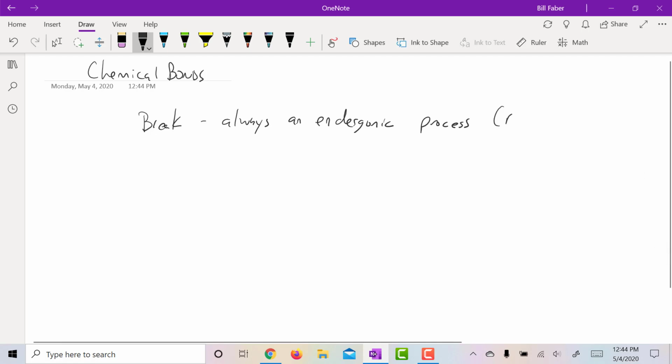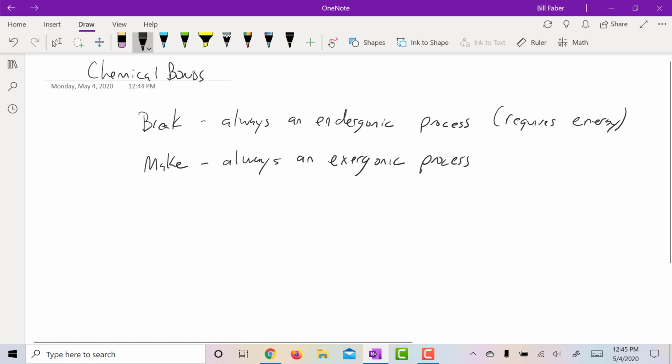So that means it requires energy to make that happen. And then if you're going to make a chemical bond, it's always an exergonic process, which means it'll release energy. And that sometimes gets confused for students. People think, oh, you're breaking bonds, you're releasing energy. It's not the case. You release energy when you make new bonds.